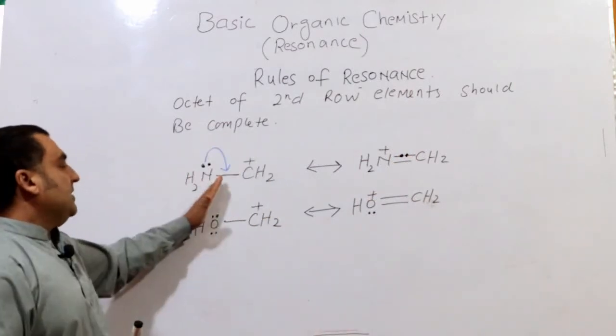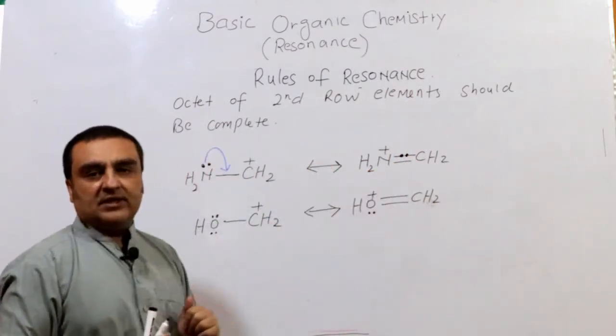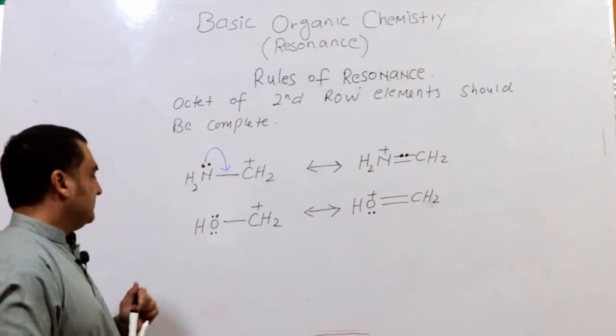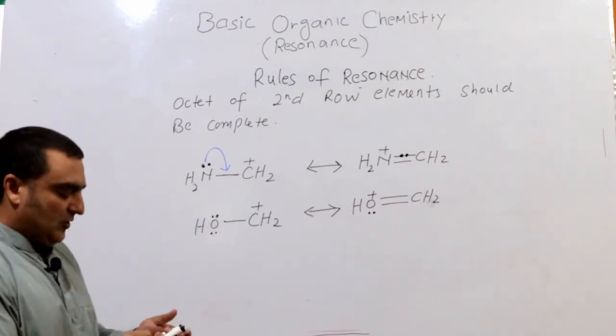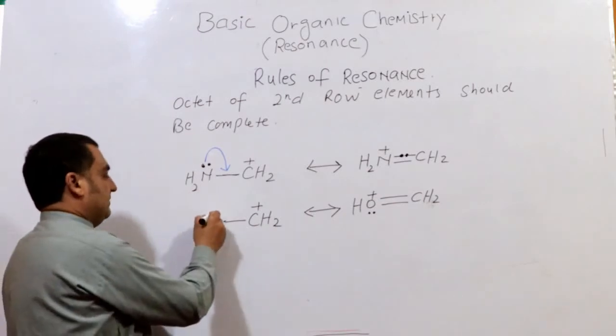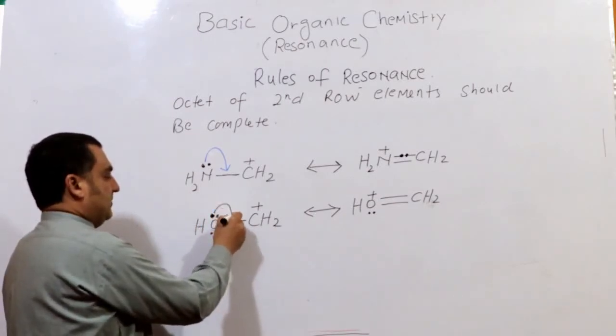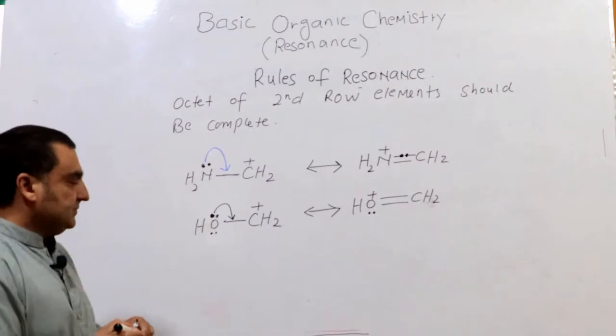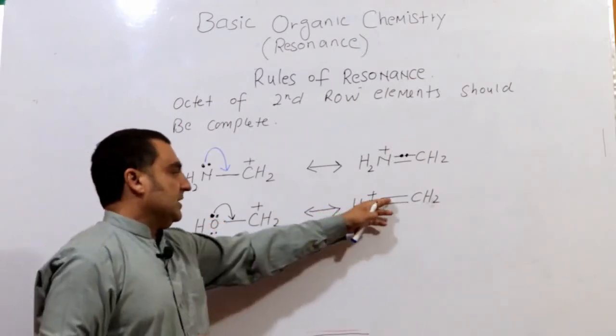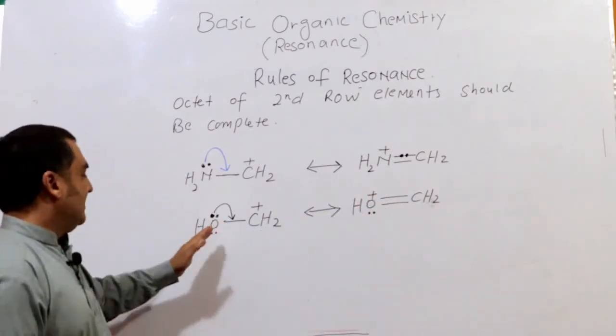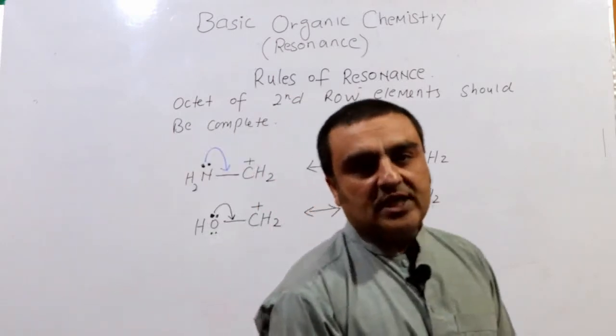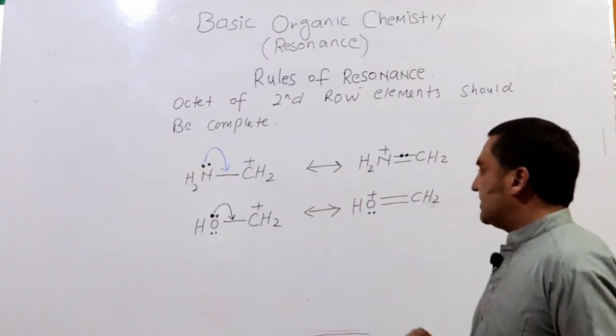So the neutral nitrogen then acquires a positive charge. Here the oxygen does the same thing. Its lone pair forms a pi bond, and the oxygen acquires a positive charge.